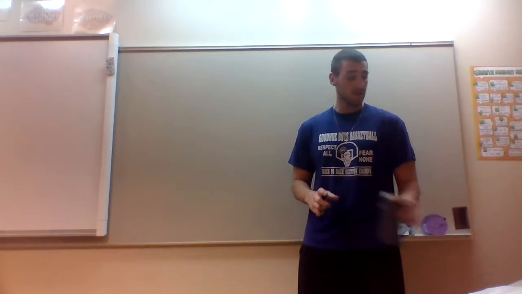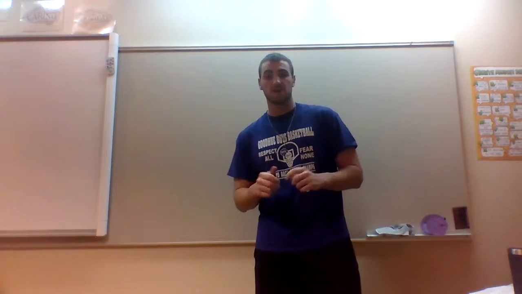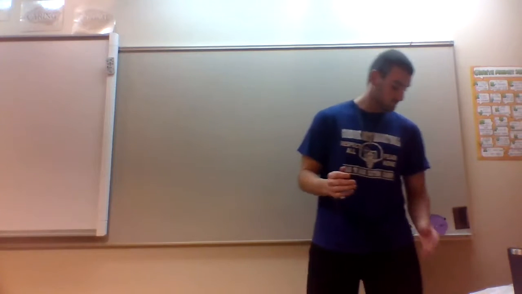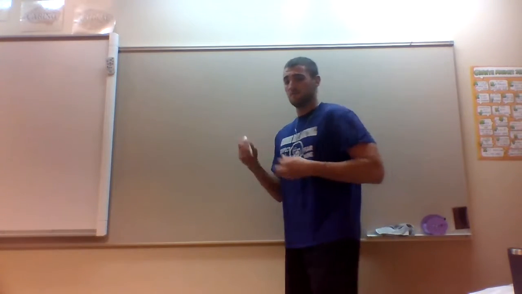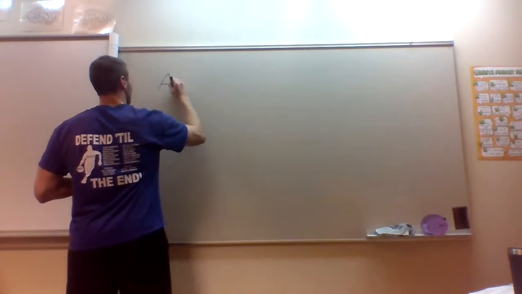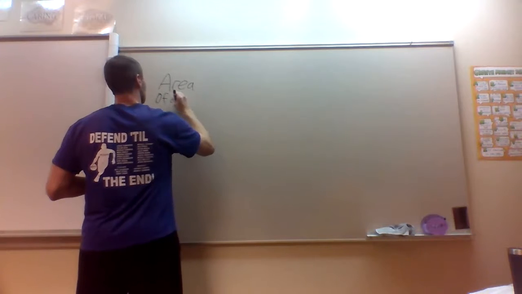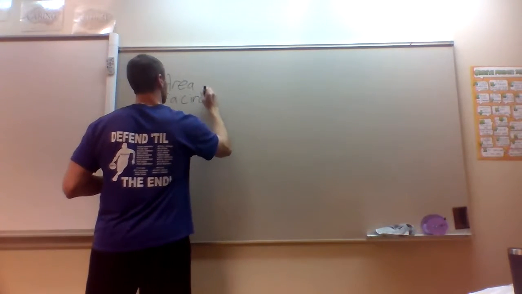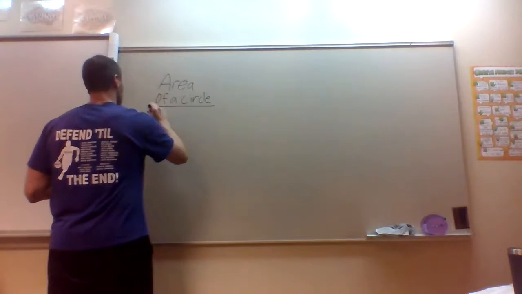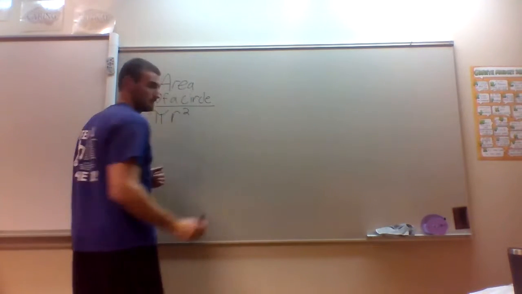As I said before, today we're going to be calculating the volume of a cylinder using a formula, and then we're going to justify those steps. Before we start, we're going to refer to what we've already learned this year, and that is the area of a circle. We know that the formula to find the area of a circle is pi r squared.